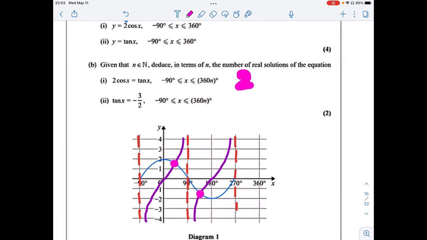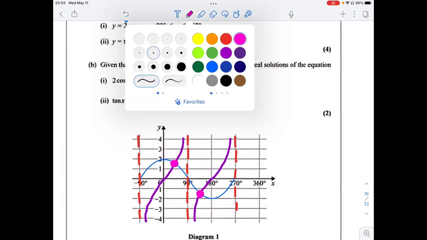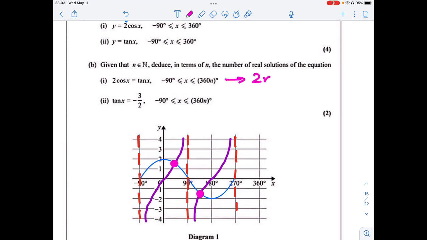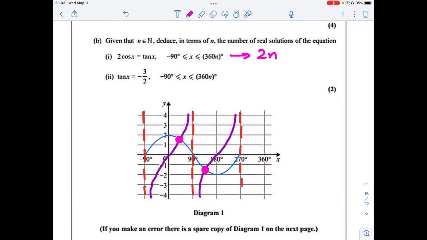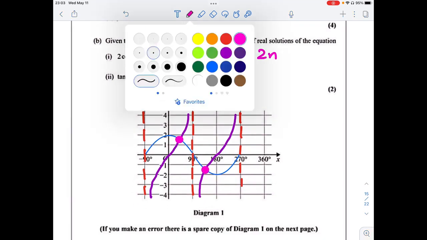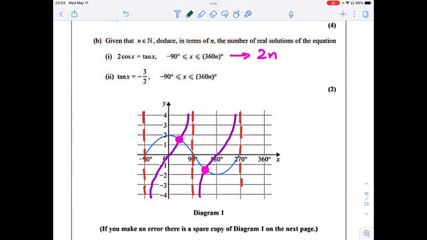So I'm going to write 2n for that. Then tan x is equal to negative 3 upon 2. Tan x is equal to negative 3 upon 2, which means negative 1.5. Draw a straight line at negative 1.5. Y equals to negative 1.5. Is it over here?